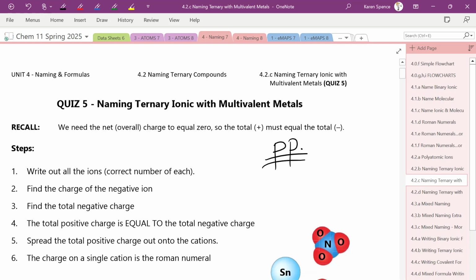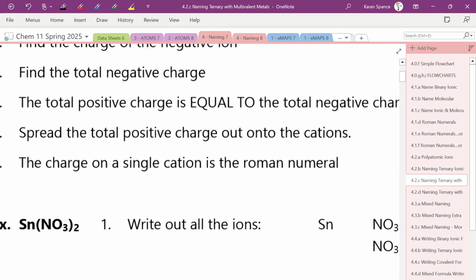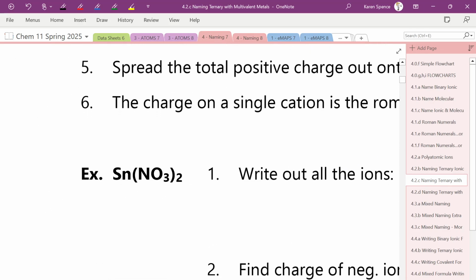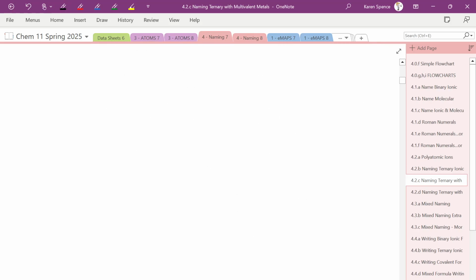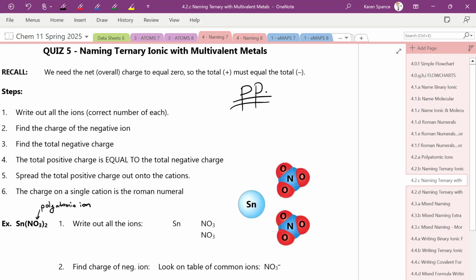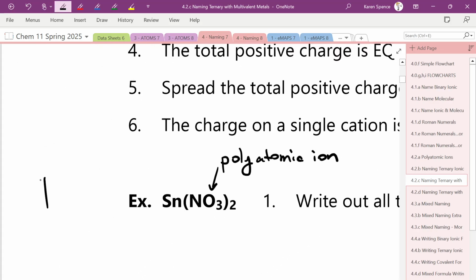So now what we're going to do is take a look and say, if I have Sn and I have a polyatomic ion, what's the only thing I do differently? This is page 44.